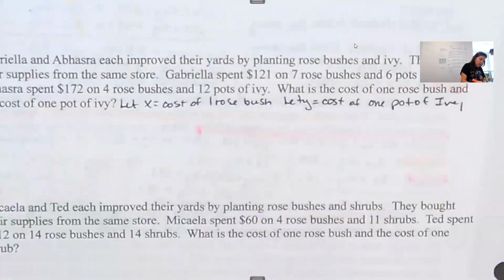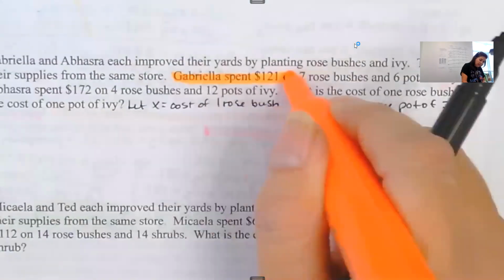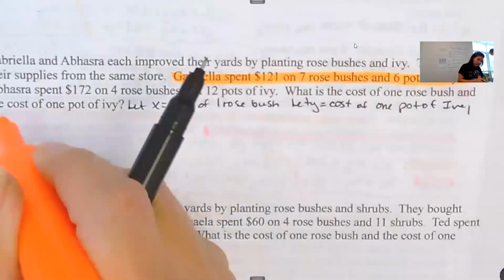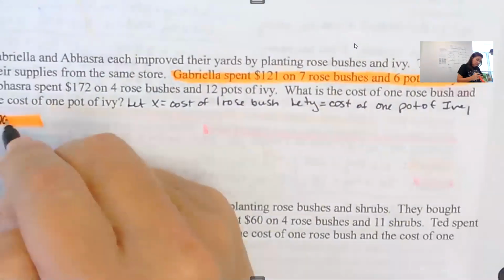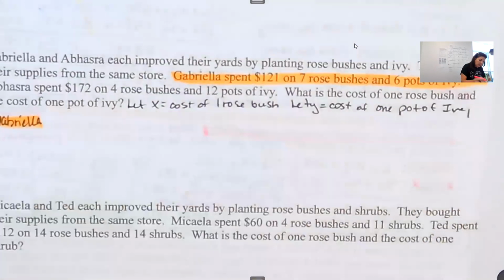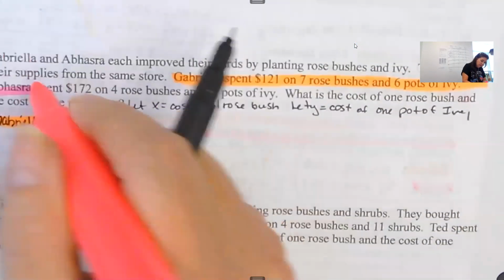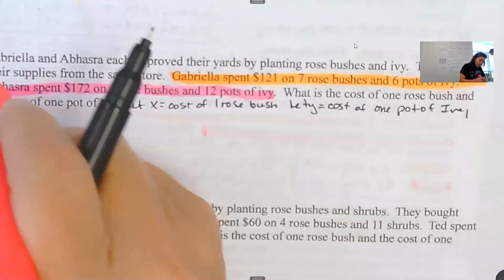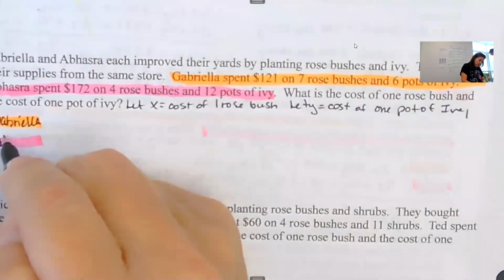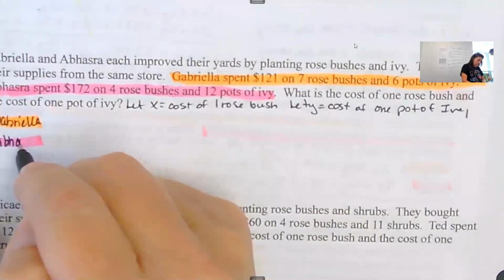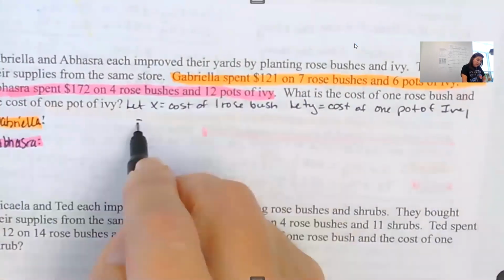Like I said, one equation is going to come from what Gabriella spent, and one equation is going to come from what Abhasra spent. So Gabriella, she spent 121 total. So I know it's going to equal 121.